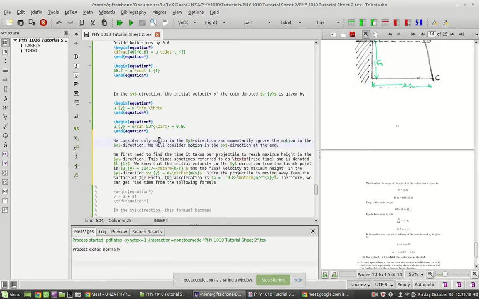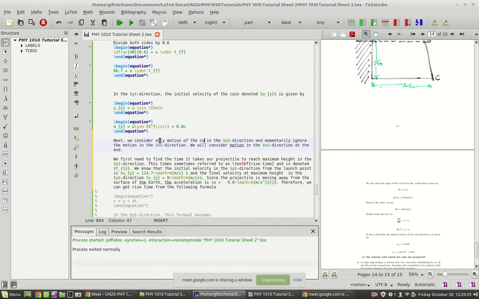So we consider next the motion, only the motion of the coin in the y direction.